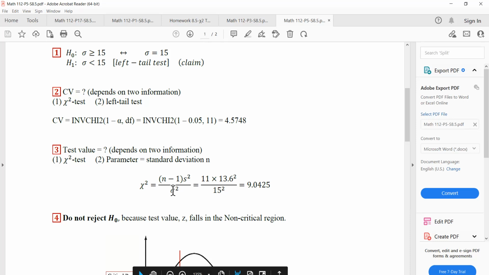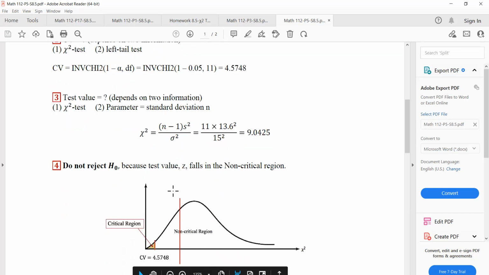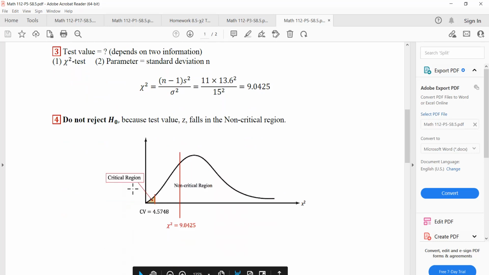Now, when we do step 4, then we're doing the traditional method, we draw. Okay, so we reject H0 or do not.